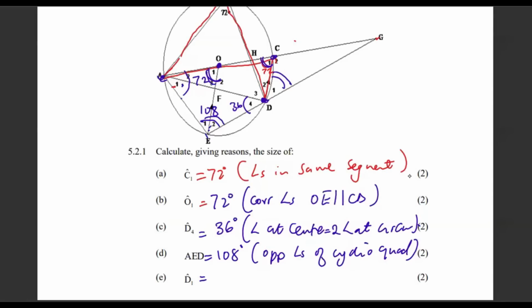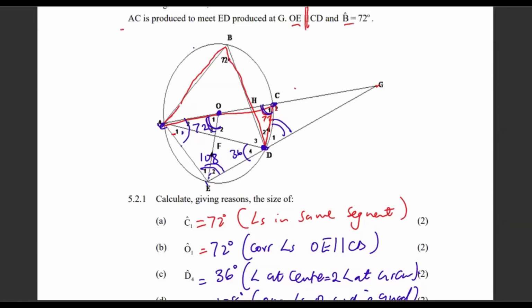Is there a bigger triangle that we know of? Because what I'm thinking is, I don't know D2. Okay, we don't know the size of D2.